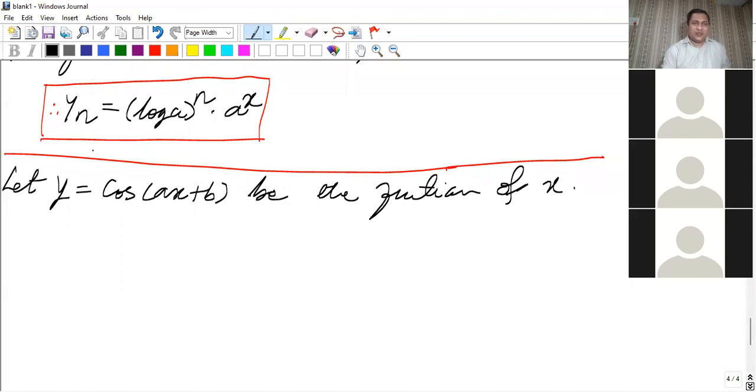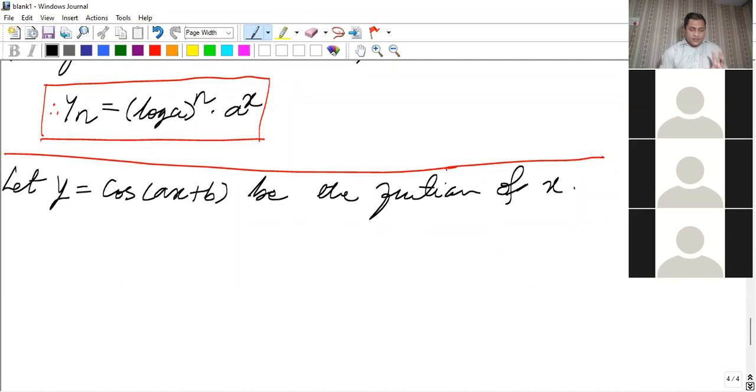So this is the function of x, and now we want to find out the nth derivative of this. The idea is how to get the nth derivative. First, find the first derivative, second derivative, third derivative, fourth derivative, fifth derivative if required. If we are not able to see the pattern, then we go for the fifth derivative and try to generalize.